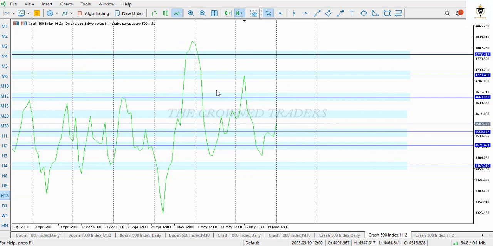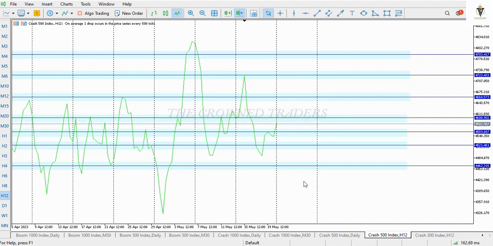Yes, I think this is H12. So it's H12. Okay, so I'll give you an illustration on how to pick out those levels. Let me clear up this chart and show you clearly how to pick out those levels.